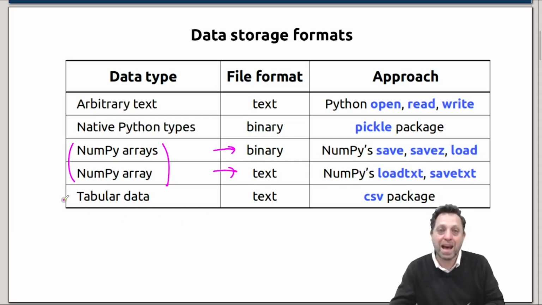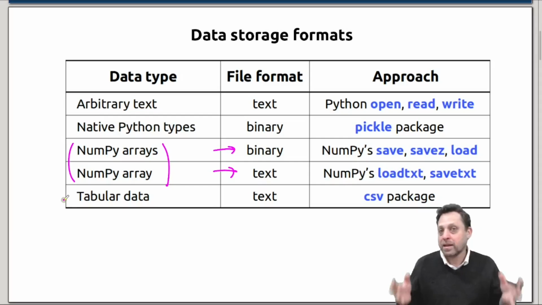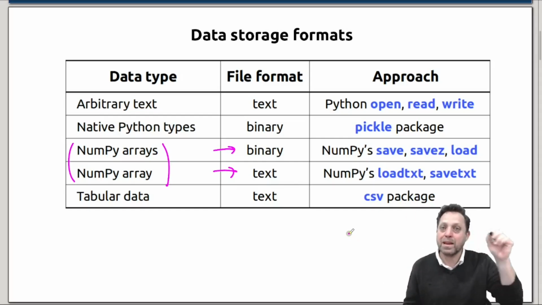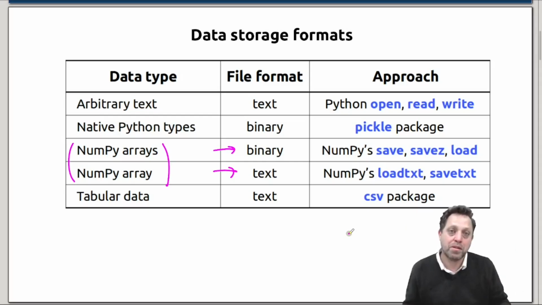Finally, if you have tabular data, like a table, and this sort of data shows up a lot in, say, data science, you can save this to a text file using Python's CSV package. CSV stands for comma-separated values, so each column will be separated by a comma or whatever delimiter you choose. This is also part of the standard library.